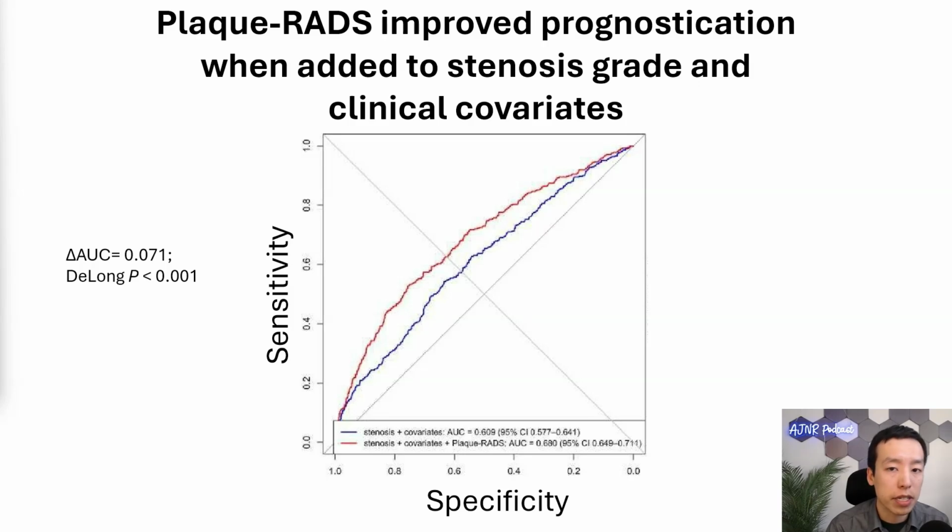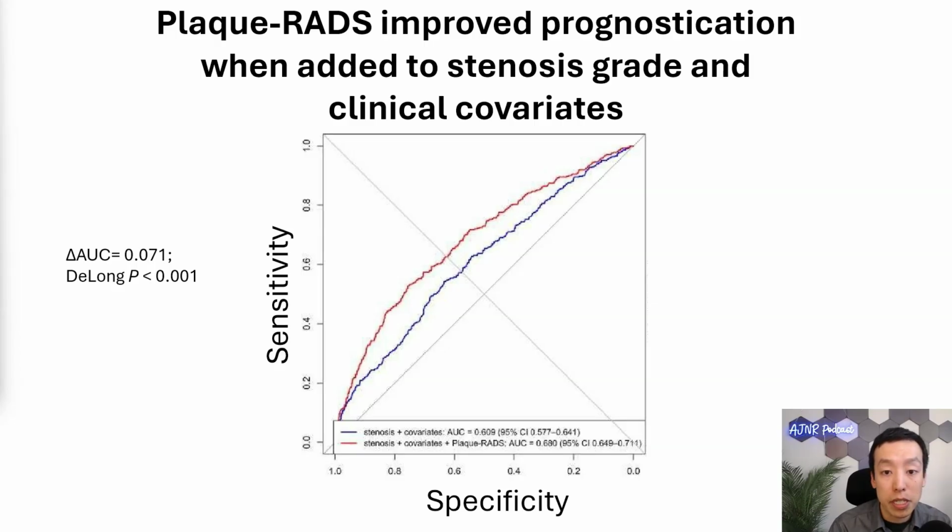This receiver operating characteristic curve makes the first key statistical point for this paper. When Plaque-RADS was added to stenosis grade and clinical covariates like smoking, diabetes, hypertension, the model area under the curve improved from 0.61 in blue to 0.68, and that's the red curve here, for a delta AUC of 0.07, and that improvement was statistically significant.